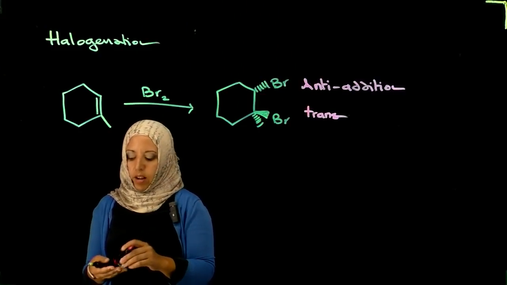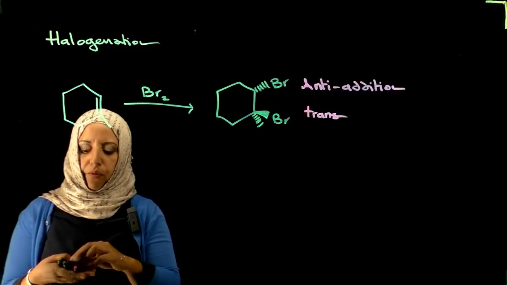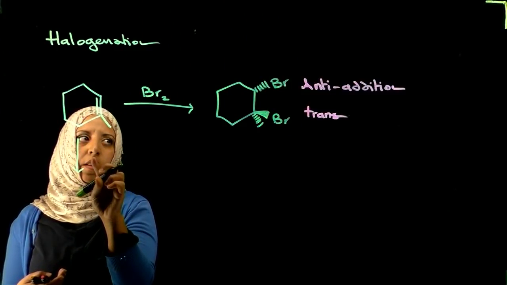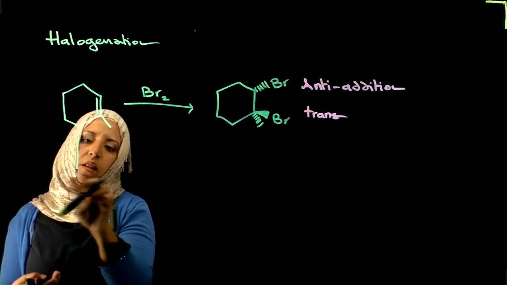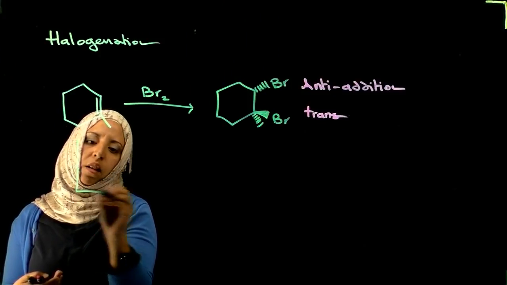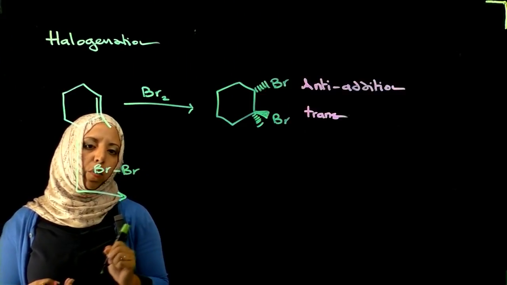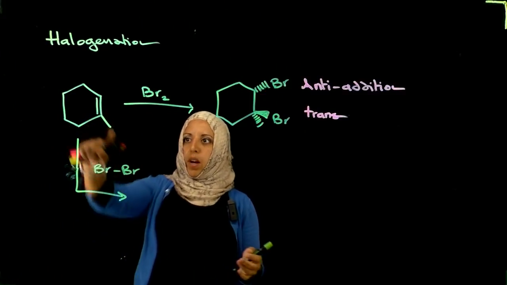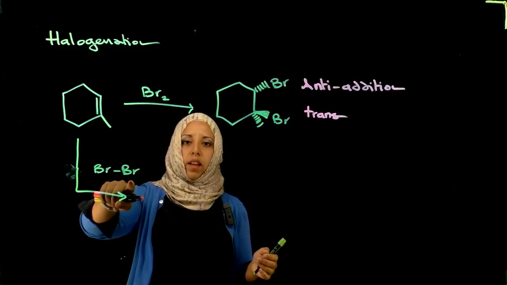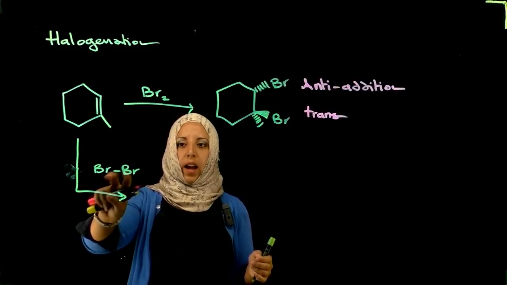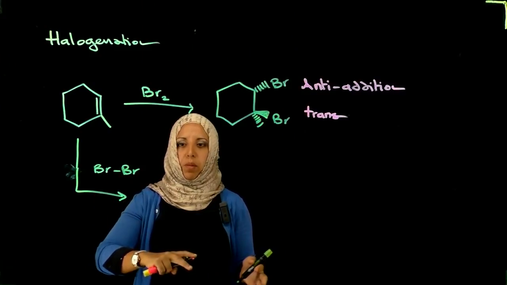All right, so let's try and draw out the mechanism for that one. We have bromine and bromine. Well, typically the pi bond will attack the atom that is less electronegative, the more electrophilic atom of the two, but in both cases it's bromine.